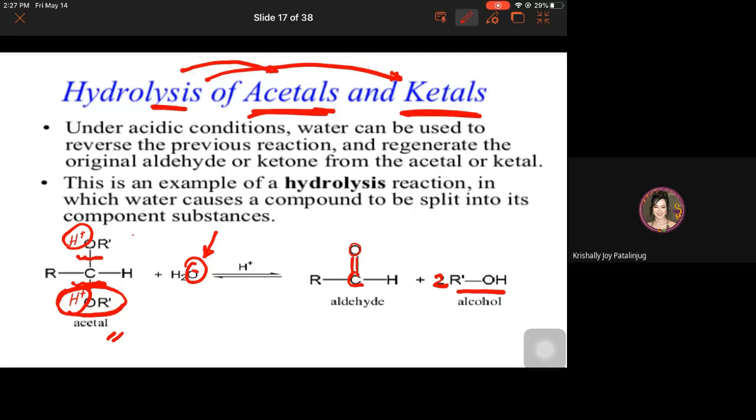So that will form aldehyde. Again, for acetal, simply protonate the OR group, so that will be removed in the form of alcohol, then form the corresponding aldehyde compound.